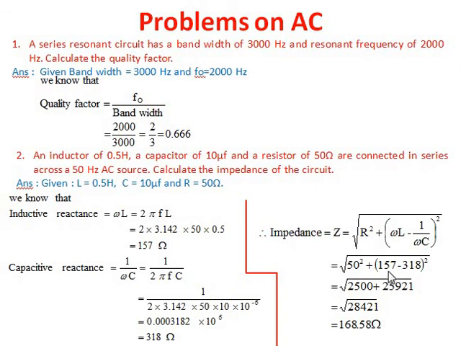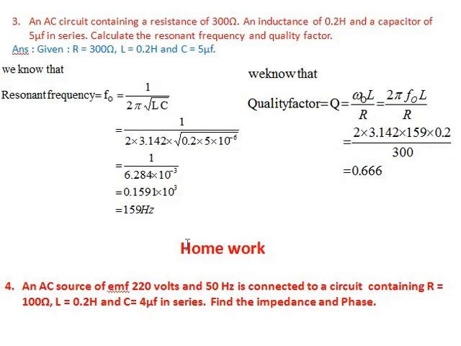Now when you simplify these things, 2500 plus 25,921. Add these and find the square root of it. It is found to be 168.58 ohm, the impedance of the LCR series circuit. Okay, then we will look into another problem.